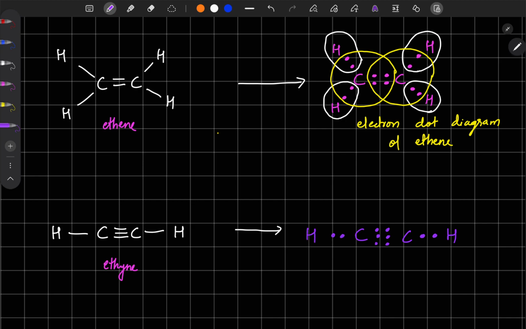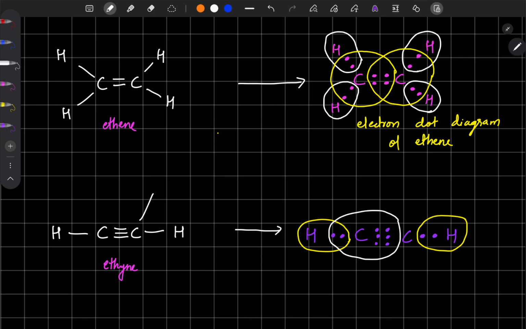Now circling is easy. This hydrogen has only one bond, so you only need to circle it in a way that includes one bond. Similarly for this hydrogen. Now this carbon has sharing like this, with a total of 4 bonds, so we need to circle it like this.